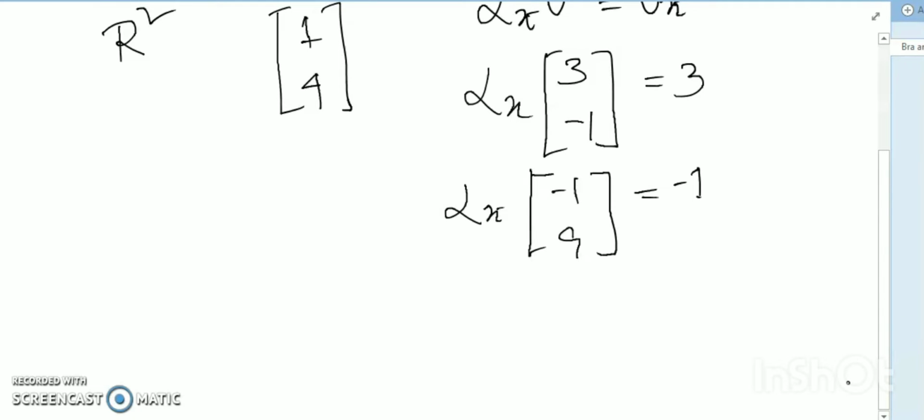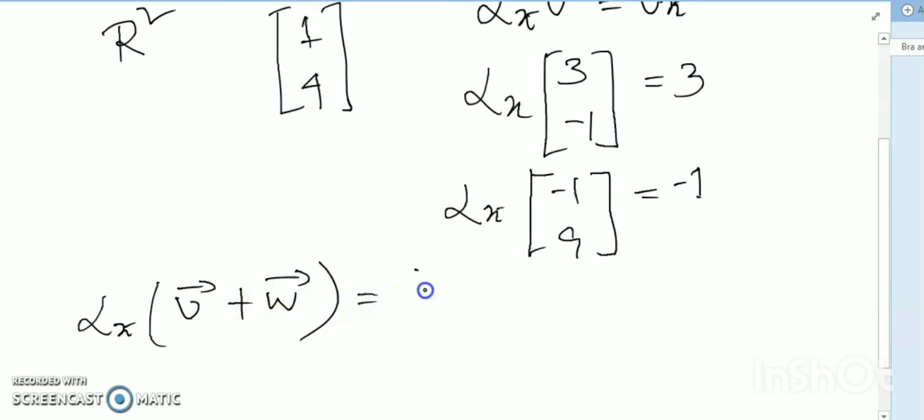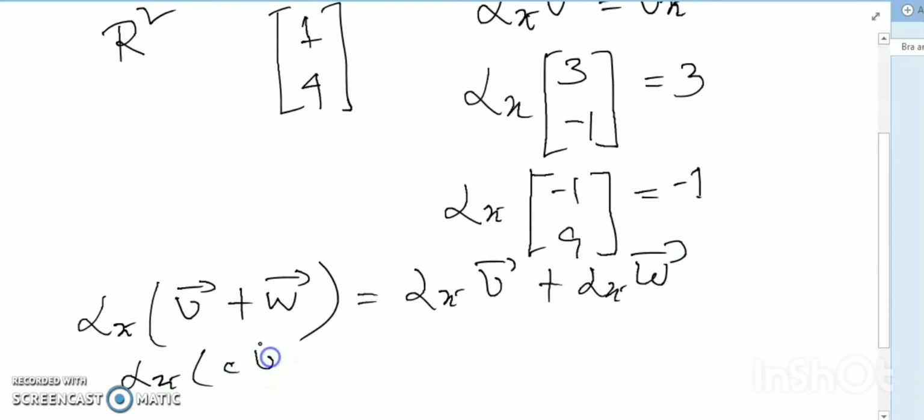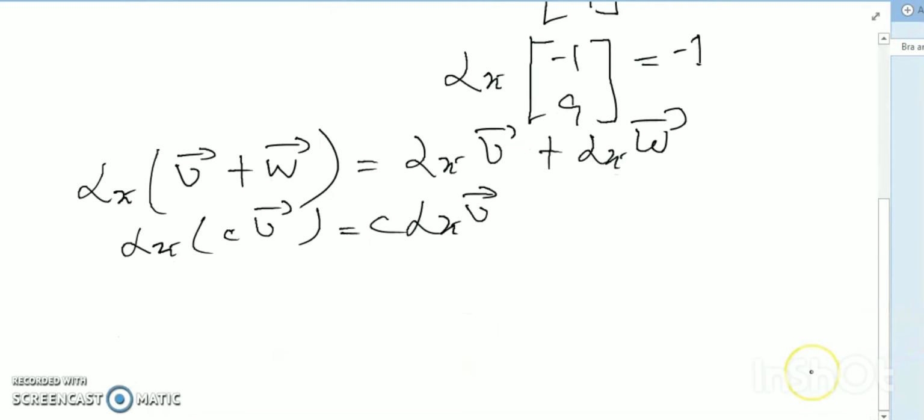In other words, it satisfies the following properties. Let's understand what a linear map is. Lx(v + w) is equal to Lx(v) + Lx(w), and Lx(cv) equals c times Lx(v).